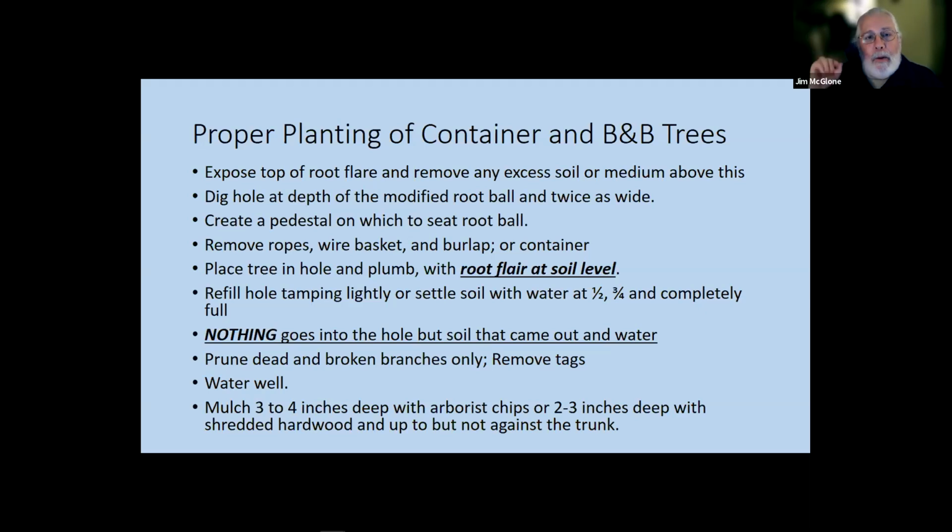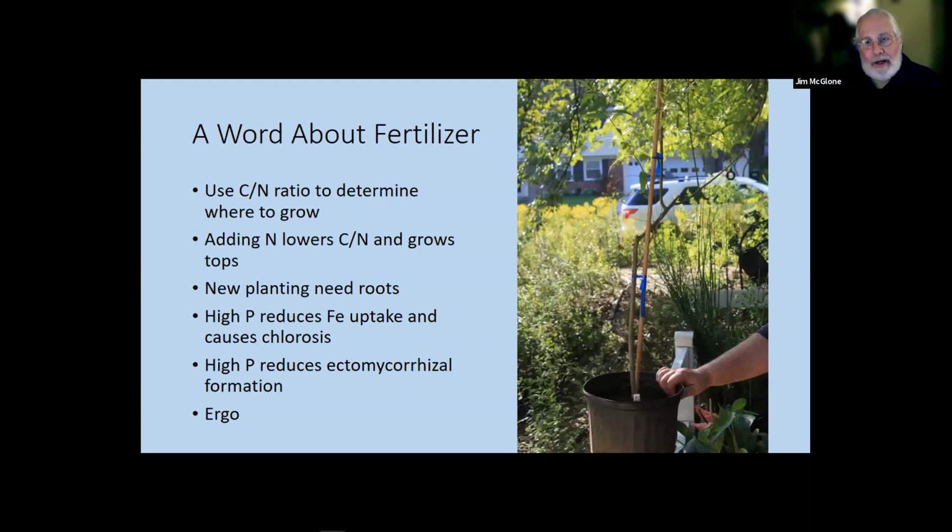Now, I want to say something about fertilizer. Trees use their carbon-nitrogen ratio to determine where to grow. And by that, I mean where to put their growth efforts, whether to grow tops or bottom, whether to grow canopy or roots.